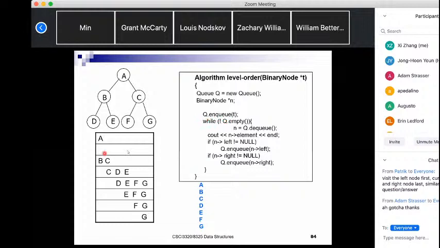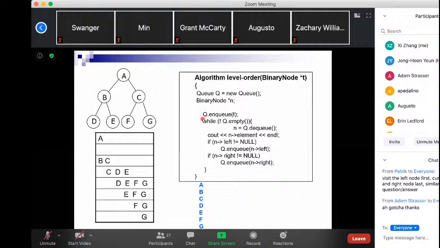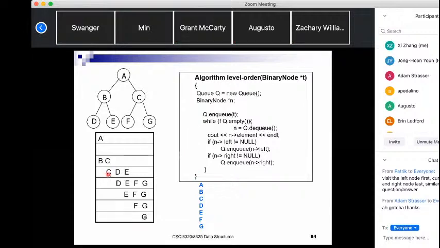So take out B from the queue, add the left child of B and the right child of B, D and E, into the queue and print out B. So that happened in the second iteration, and the queue is not empty. Another iteration, C is the top of the queue, so I'm going to print out C, and then add the children of C, that's F and G.